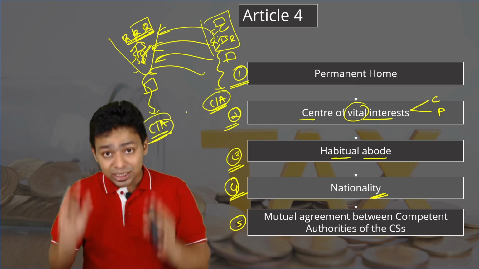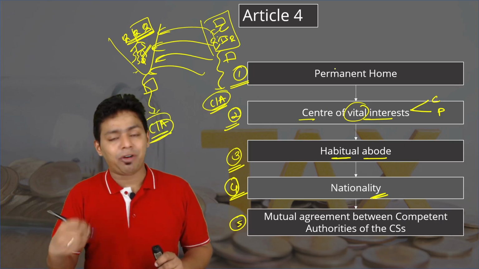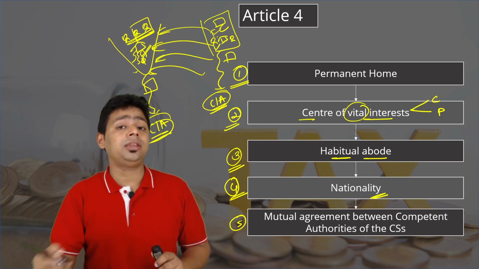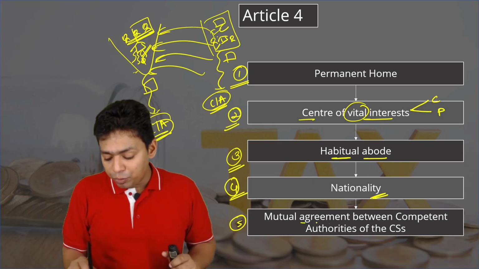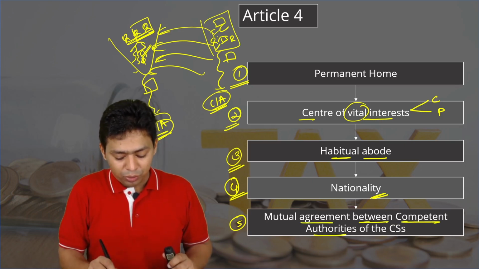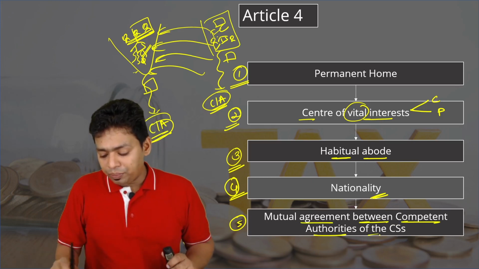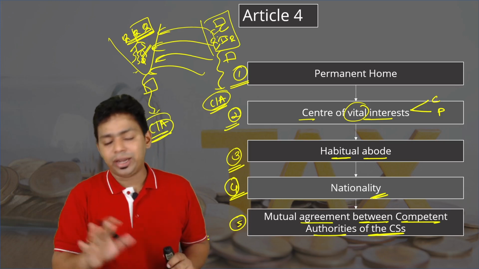They will sit and discuss where should we finally, please understand, where should we finally justify his residence. So that will be on mutual discussion. Mutual agreement between the competent authorities, we call it MAP, mutual agreement procedure, of the contracting states. According to that, it will be justified finally.